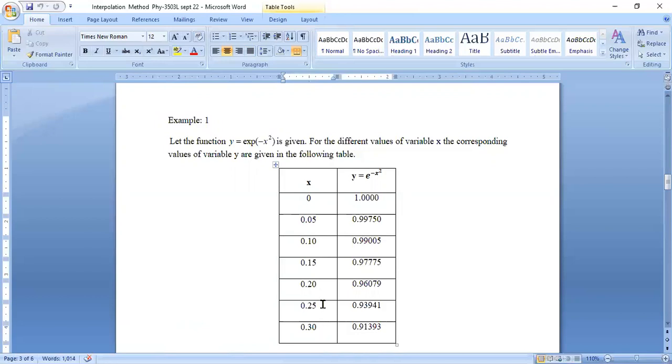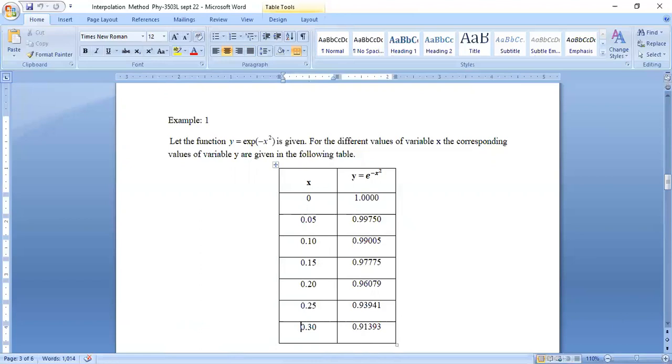This is the special feature: if the interval is equal, then you can use Newton's forward or backward interpolation formula. This is your y equal to 1.00, this is your x0 and y0. Then x1, y1, x2, y2, x3, y3, x4, y4, x5, y5, x6, and y6 are given to you.